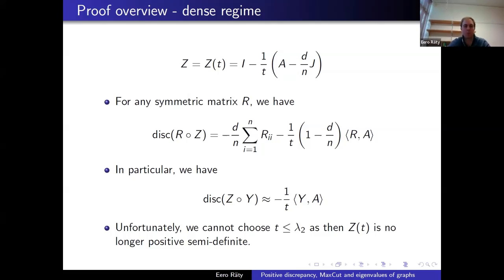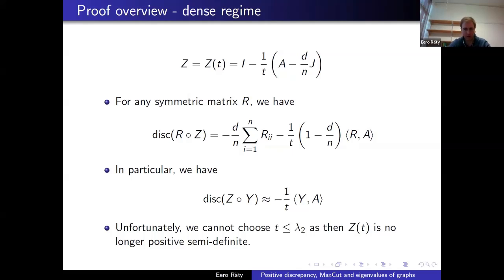So for this matrix Y, the discrepancy of the Hadamard product with Z is going to be minus 1 over t times the discrepancy of Y. So we flipped negative discrepancy into a positive discrepancy.